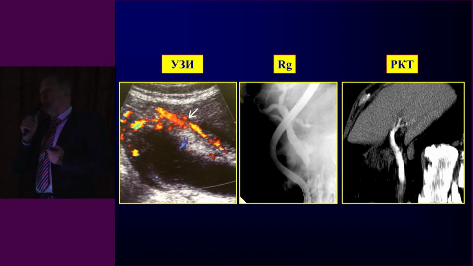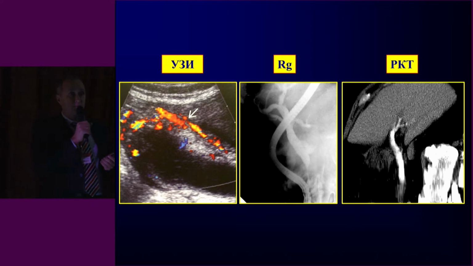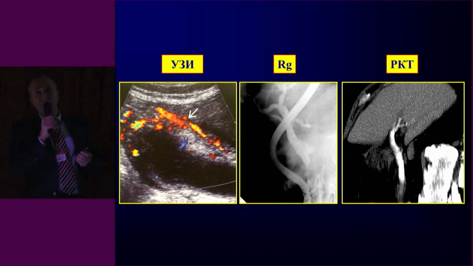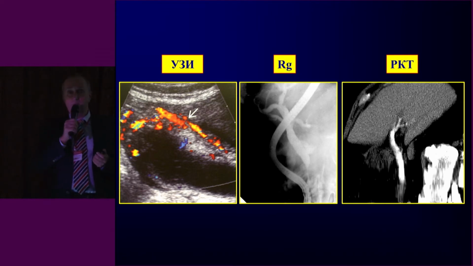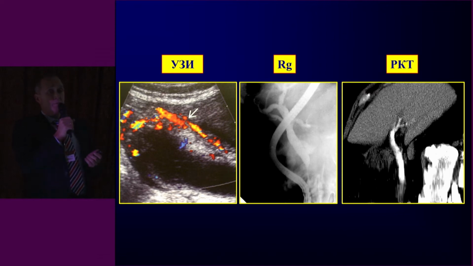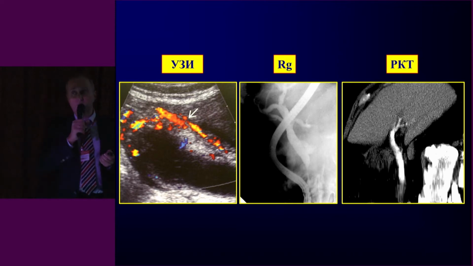When we talk about biliary pathology, gallbladder pathology, that's the easiest, the most informative method, which gives you 90–95% of answers. Of course, conventional fluorography existed and will exist. No matter what we say about them, no matter how negative they might be, they will be used for a long time.